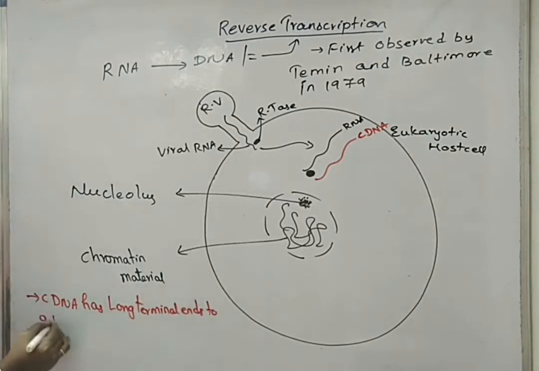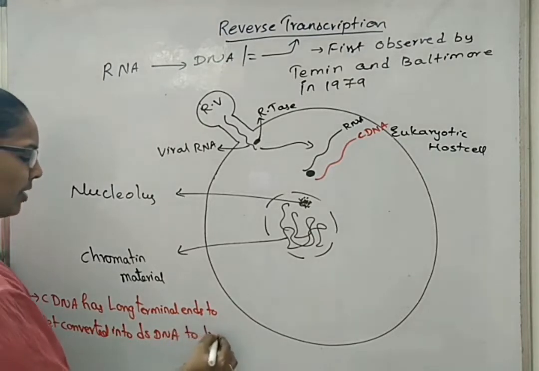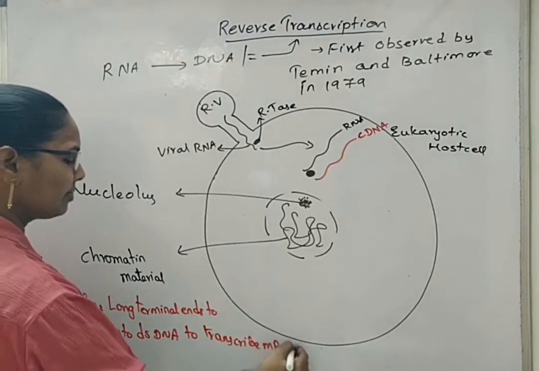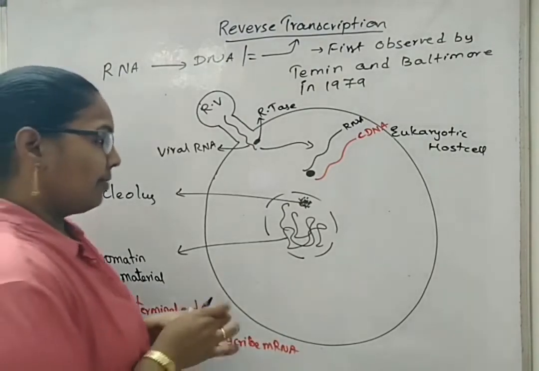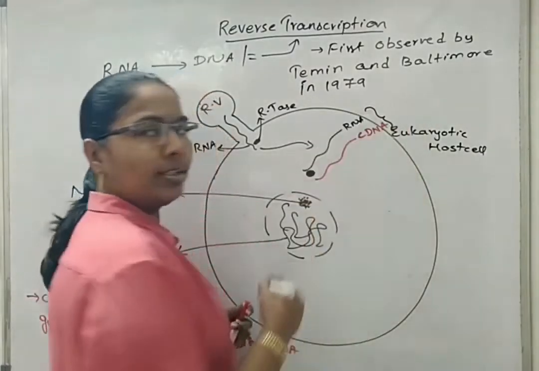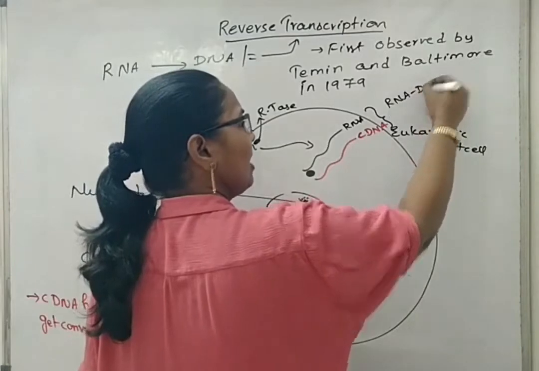It is to get converted into double-stranded DNA to transcribe mRNA. When an RNA has synthesized a cDNA, together we call it an RNA-DNA hybrid.